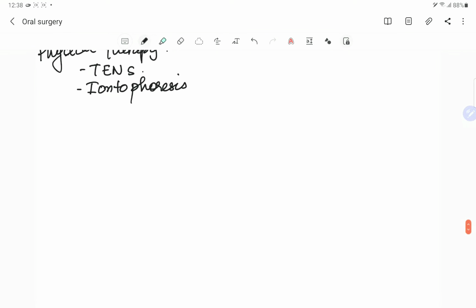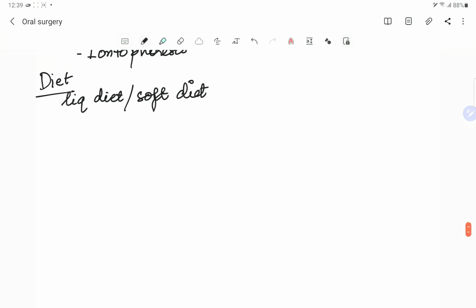So, the most important thing is the diet. We want to reduce the forces on the temporomandibular joint. We want to decrease the muscle activity. So, we ask the patient to have a liquid diet or a soft diet, not to eat very hard, chewy foods.